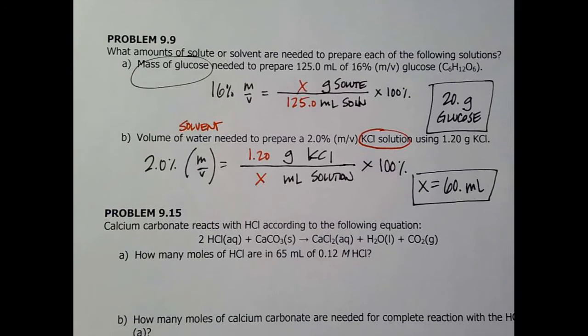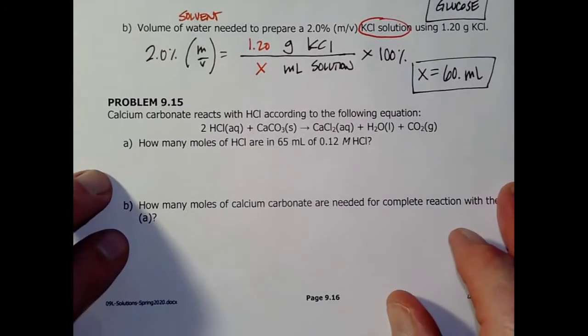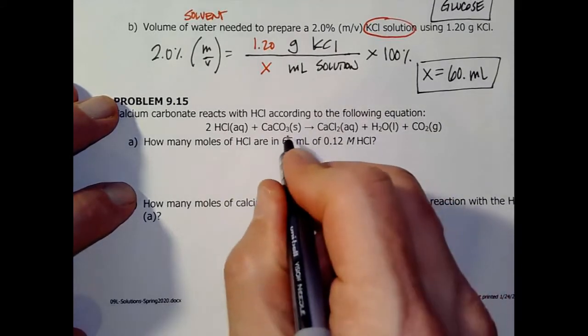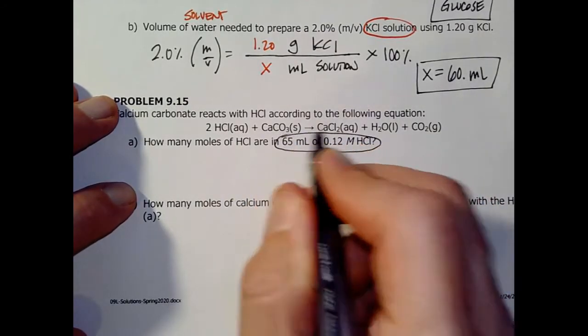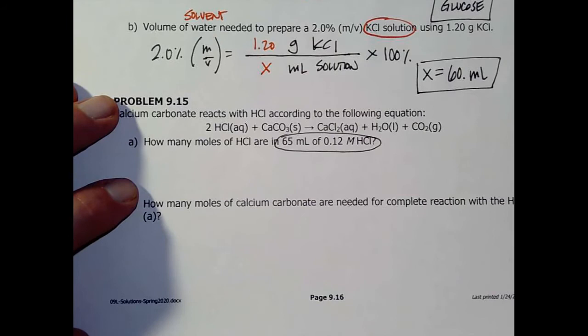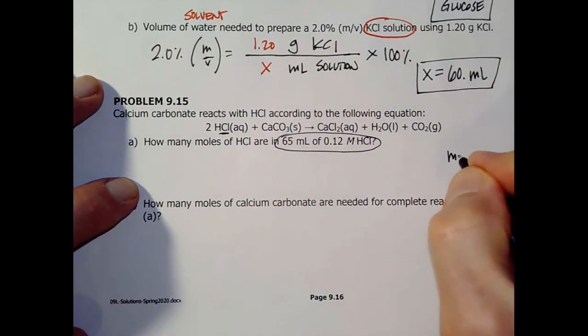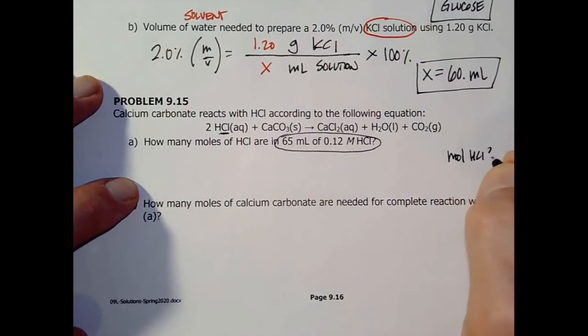All right, now some stoichiometry, some chemistry. Here's my balanced chemical equation. I've got something that says 65 milliliters of 0.12 molarity HCl. That's where this reactant is. And I want to know moles of HCl.